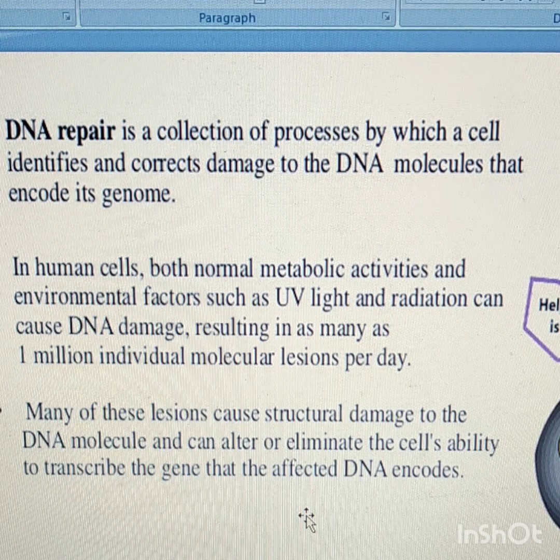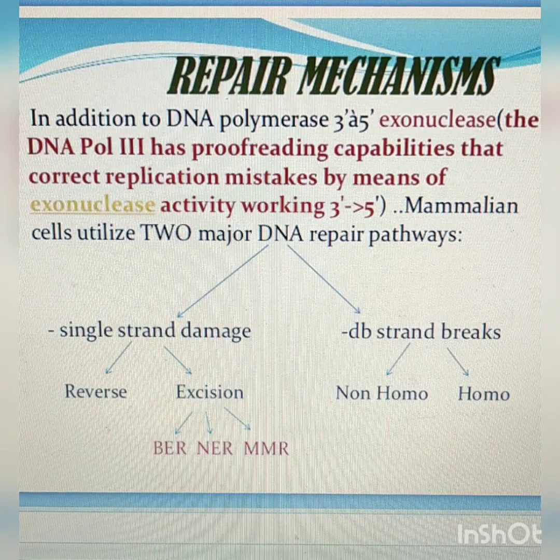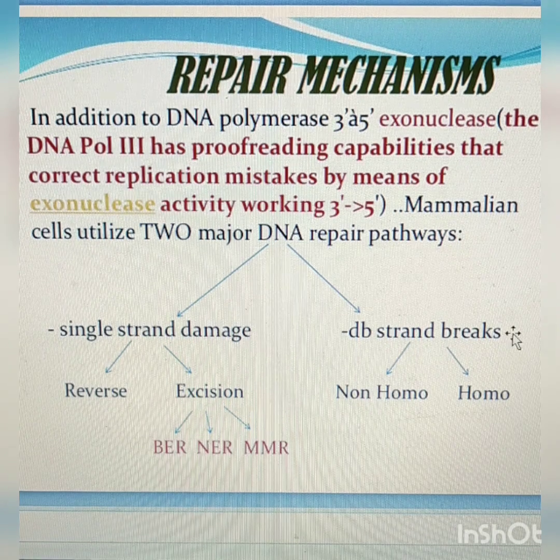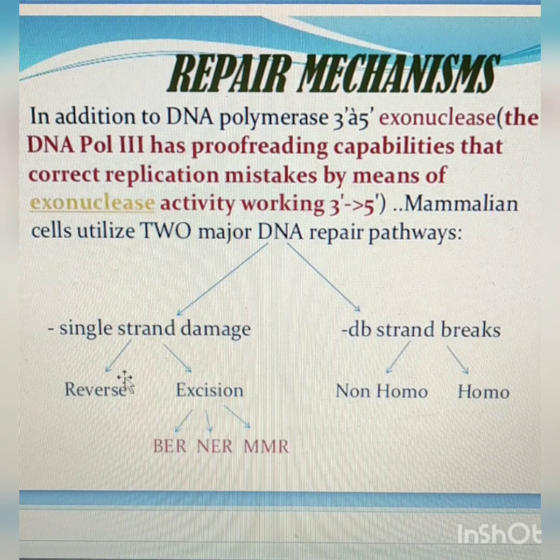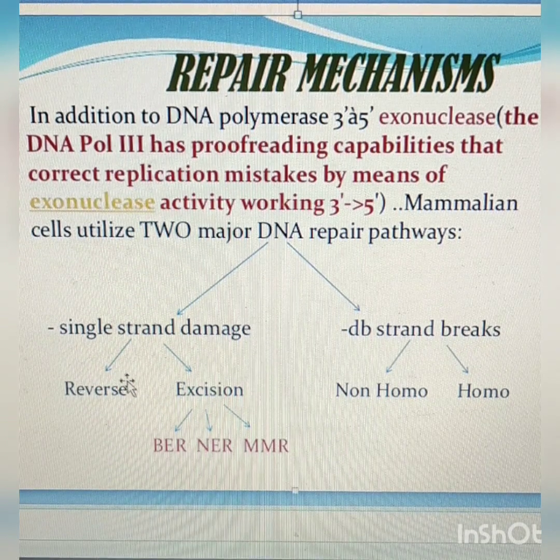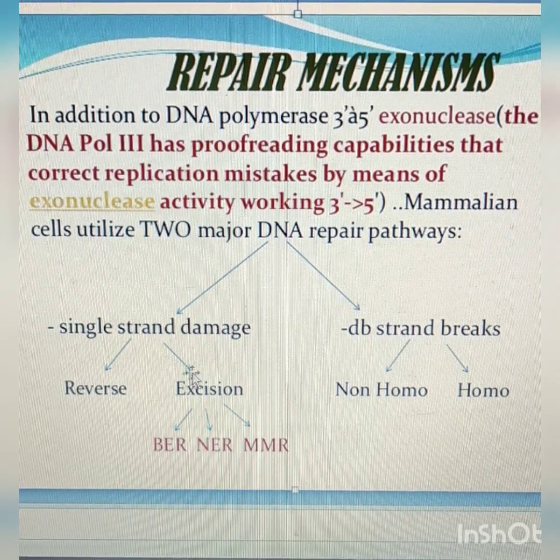So, DNA repair. There are different repair mechanisms which are stimulated by single strand damage and double strand breaks. Single strand damage can be repaired by reverse process or excision process.